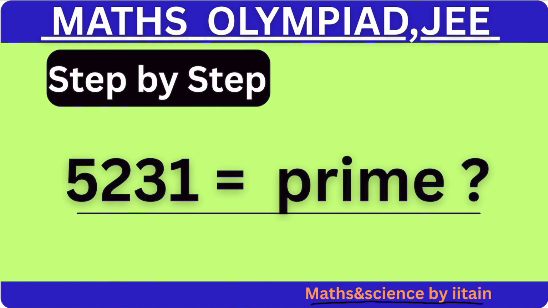That is, how to find out whether a number is a prime number or not. It will be very difficult until and unless we follow a particular procedure to find out whether a number is a prime number or not. I will explain that in detail.